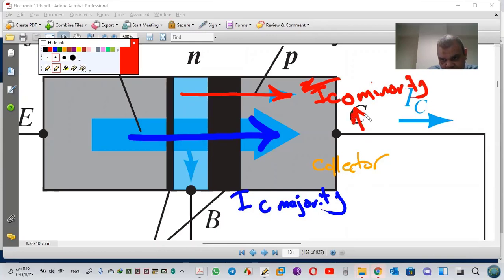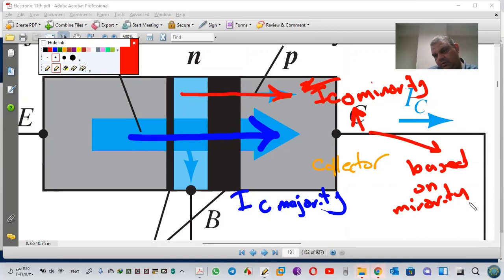Why is it O? Because this is based on minority carriers. Or if you remember, we had this in the diode, it was I saturation, or IO. Sometimes we use IS.